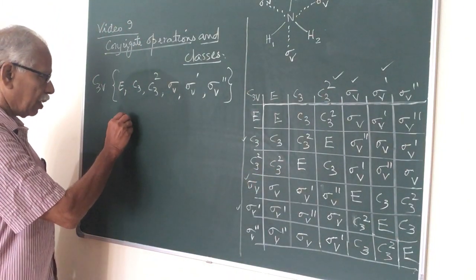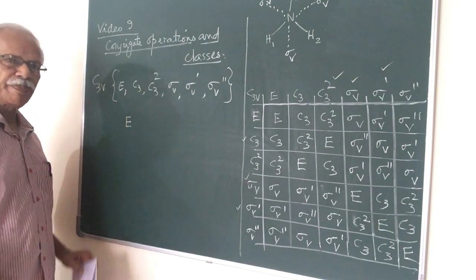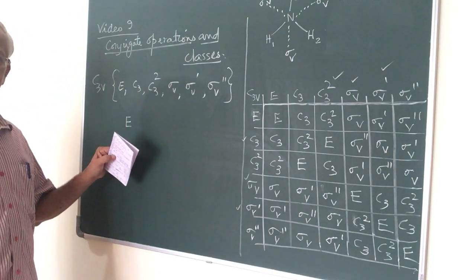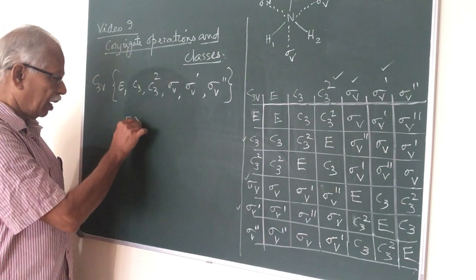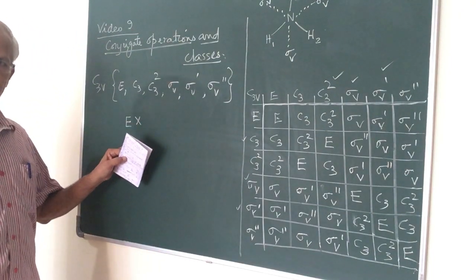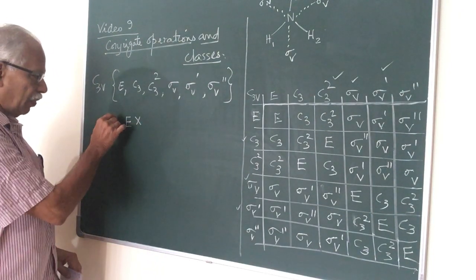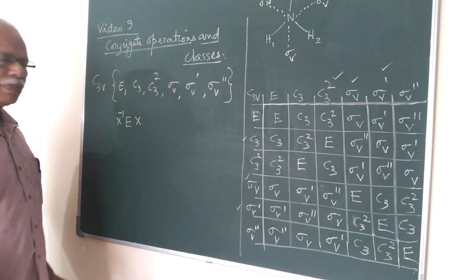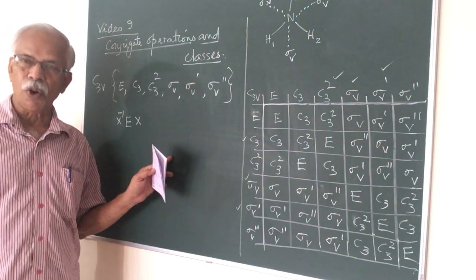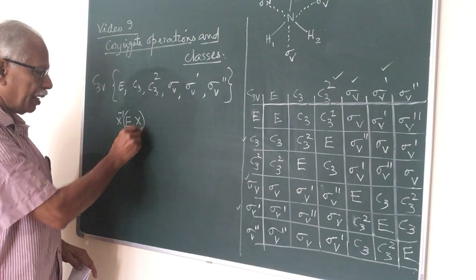First you find the similarity transform of identity. You multiply it with any operation of the group X and its inverse to the left side. We know identity combines with any operation, leaving it unchanged.